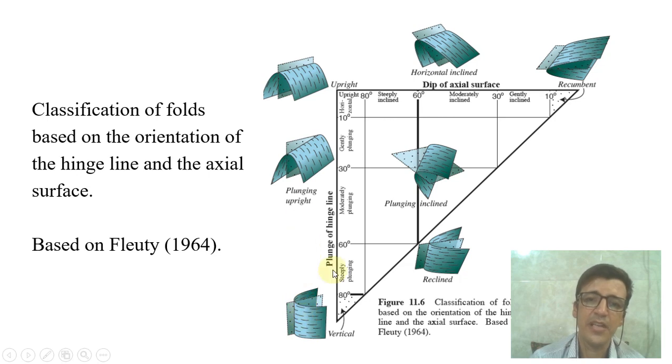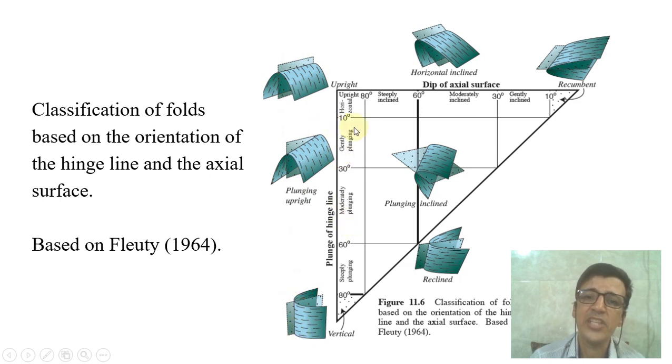Big differences in the plunge of the hinge line. You can see in the upright fold the hinge line is completely horizontal, but gradually in the final stage the hinge line is completely vertical.